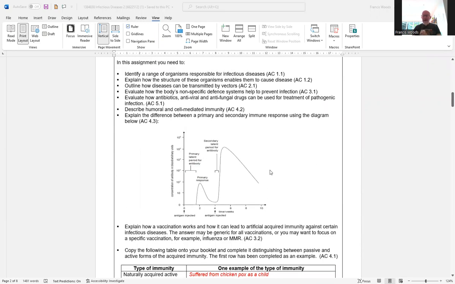Here we have the assessment criteria laid out, and we've worked our way steadily through this, and I've used this plan throughout.